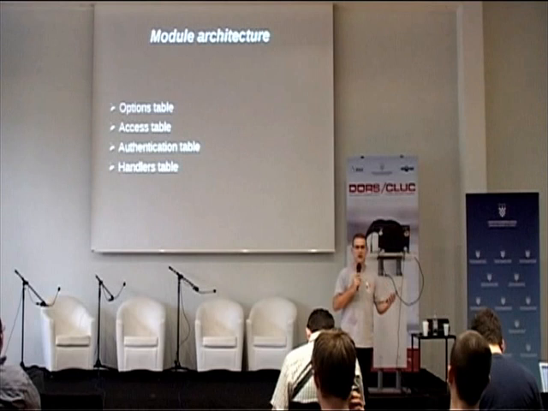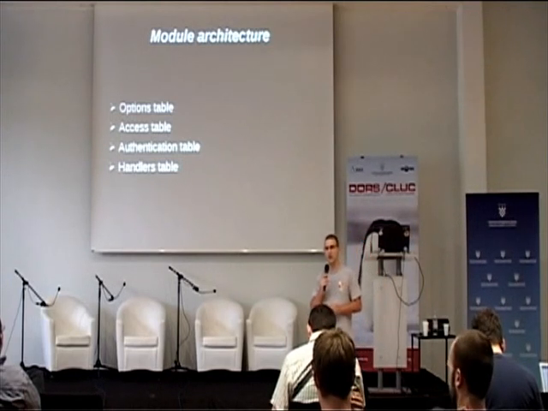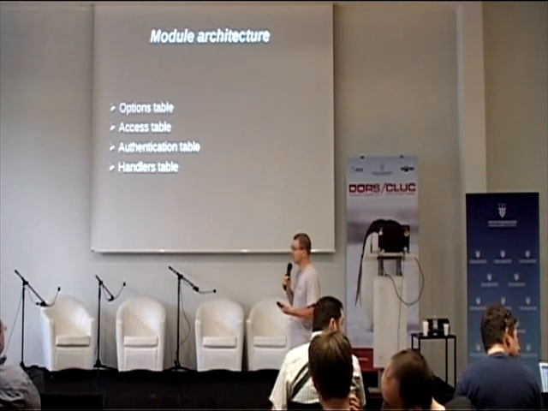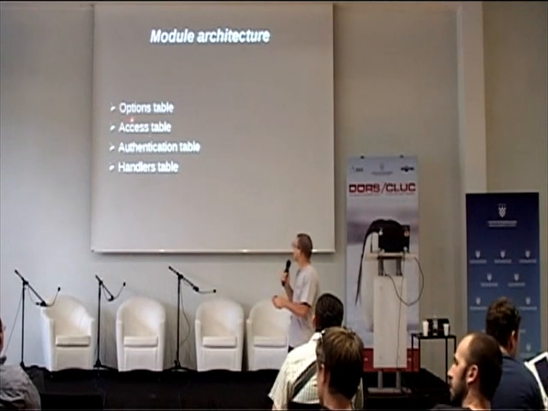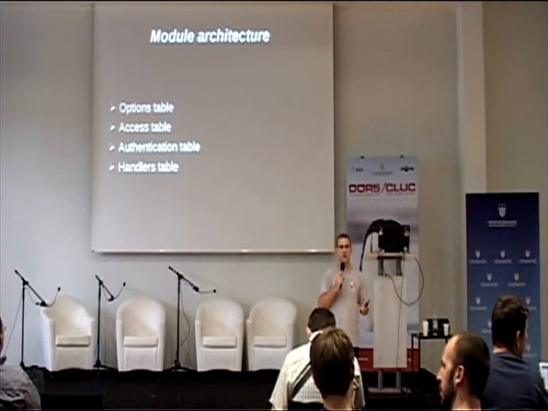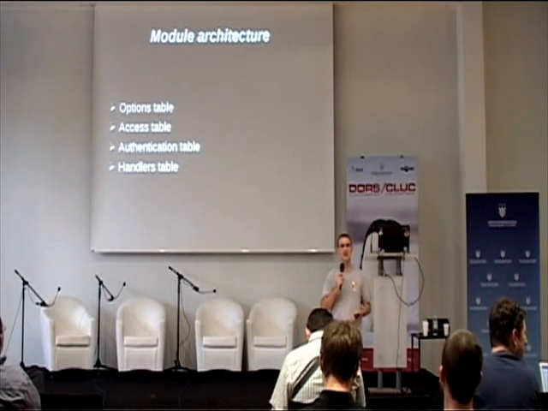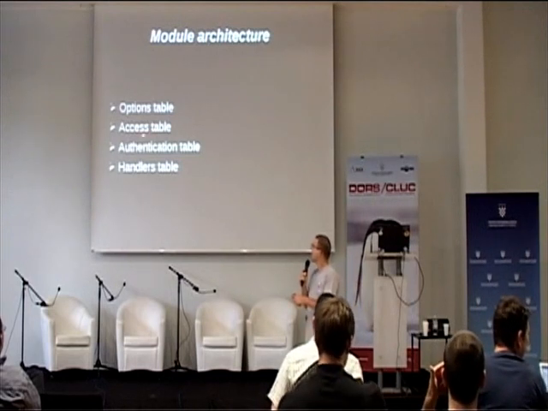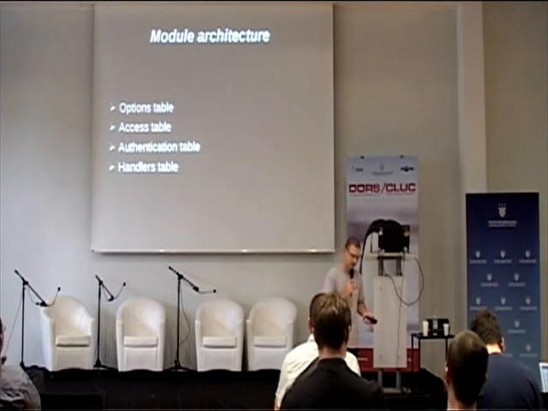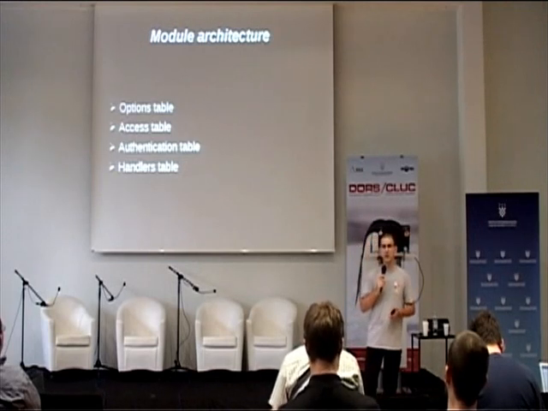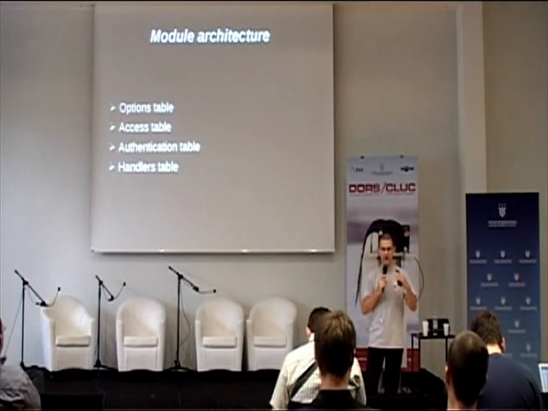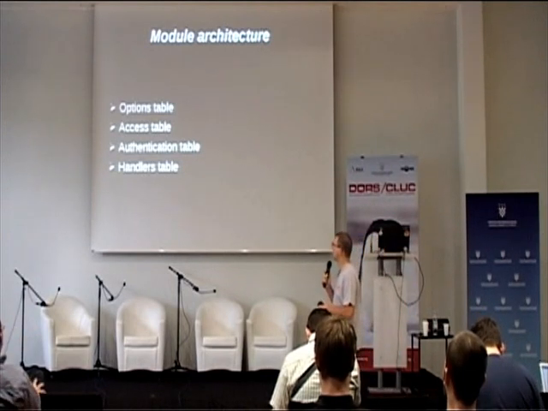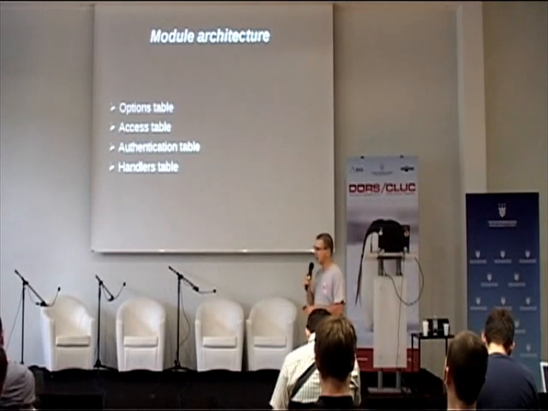These tables are walked through one by one, line by line, and the first match is the thing that actually handles your request. If you have an option that is defined by two different modules, the first module that actually defines this option will handle the value of this option. If you have more access modules, they will be checked, and the first module that gives you a decision, deny or allow, will actually handle this request. This is the same for authentication and handlers.